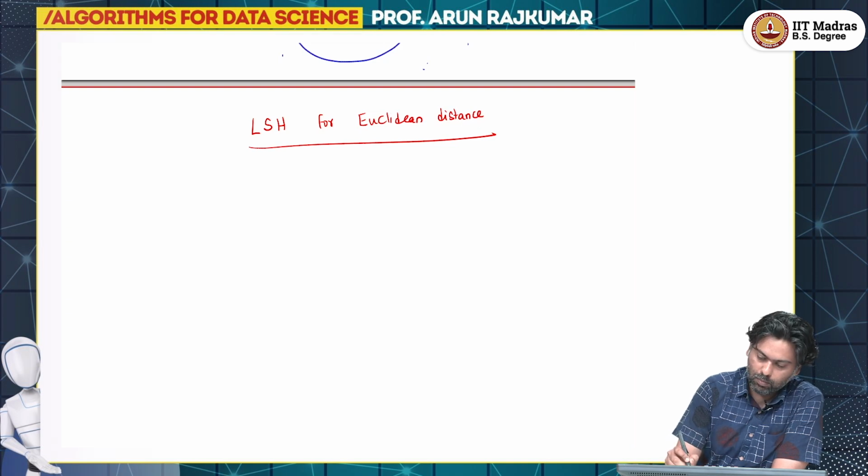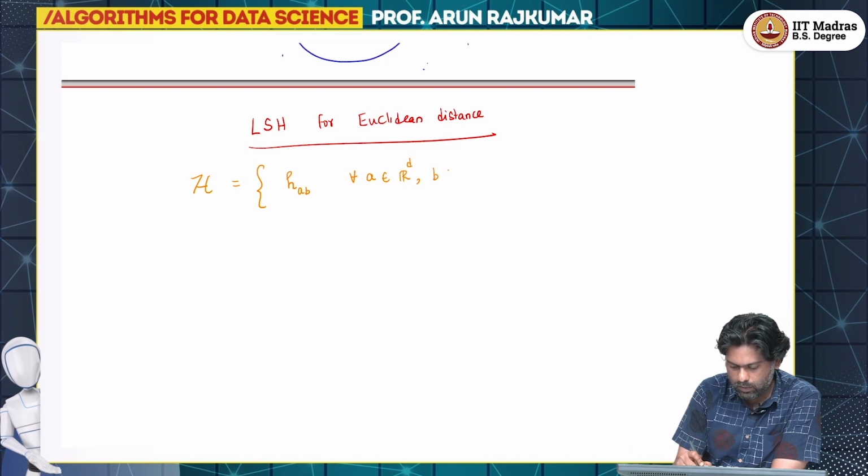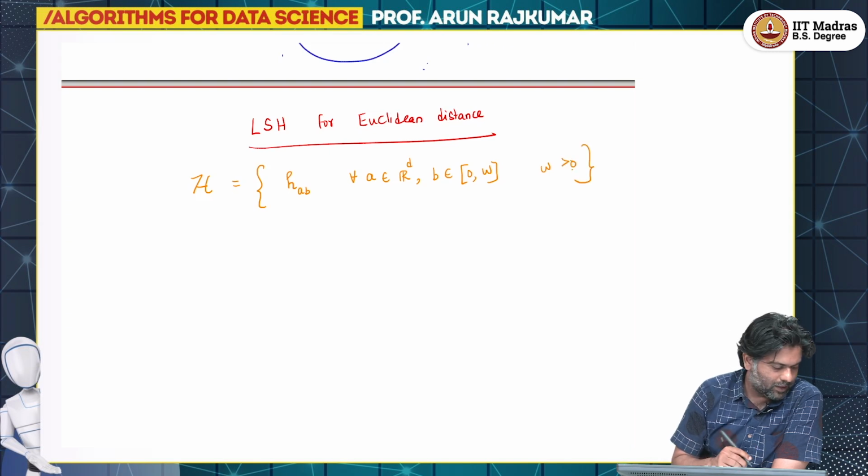Okay, so this is the family. The family is defined like this: h_{a,b} for all a in R^d and b in [0, w), where w is greater than 0. I'll tell you what this is.